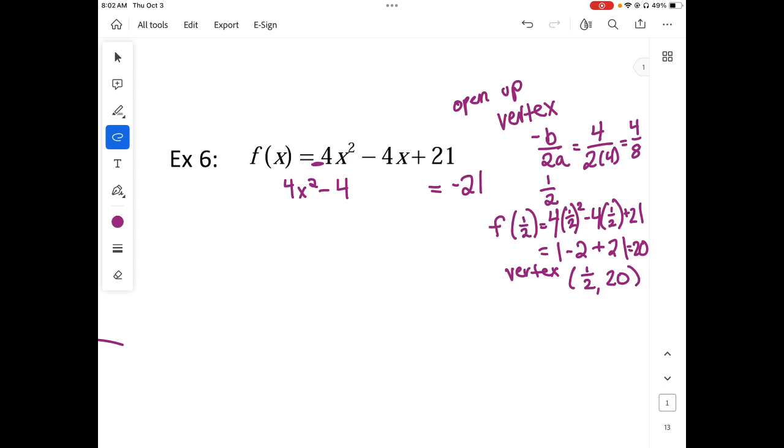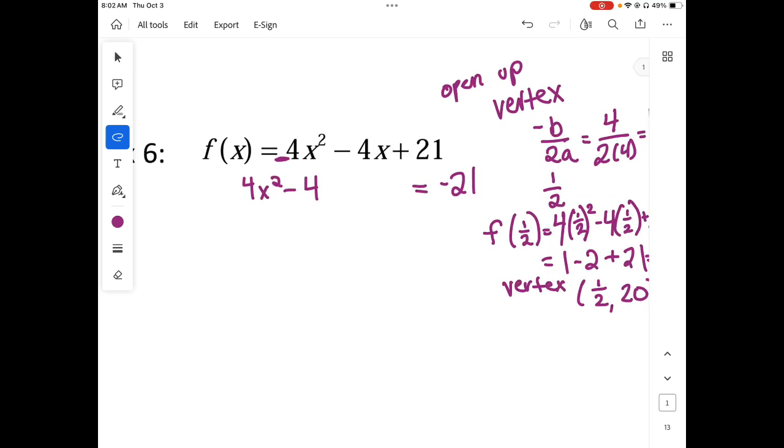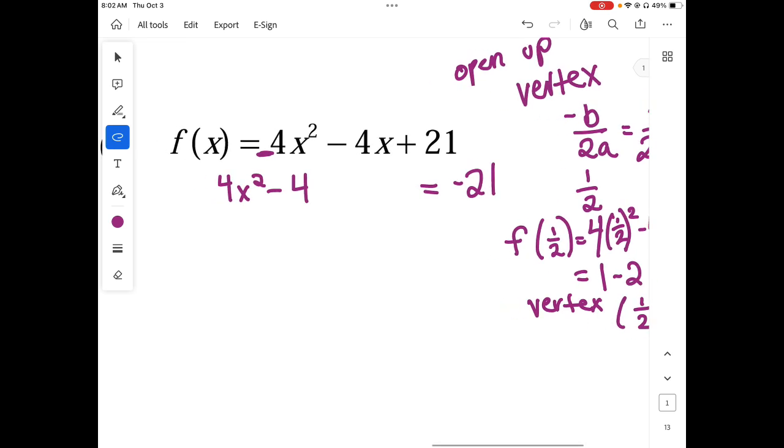All right, so now let's come back over here and do our completing the square. So I want to do b over 2 squared, which is negative 2 squared, which is positive 4. Okay, so that's what's going to go on that side if I do it that way, but what I could actually do is factor this out first.